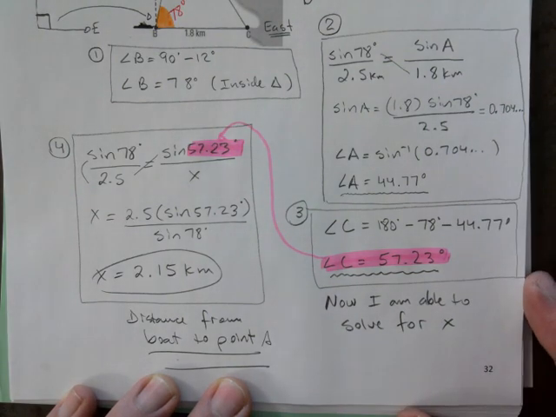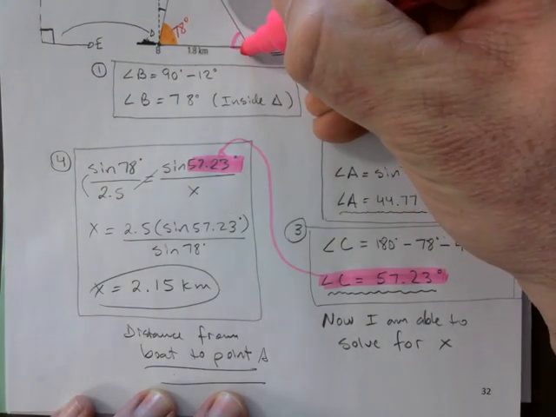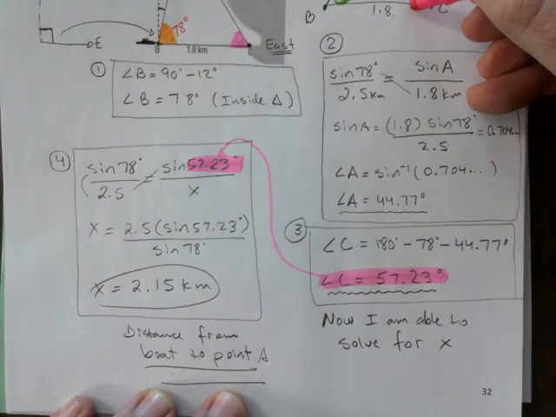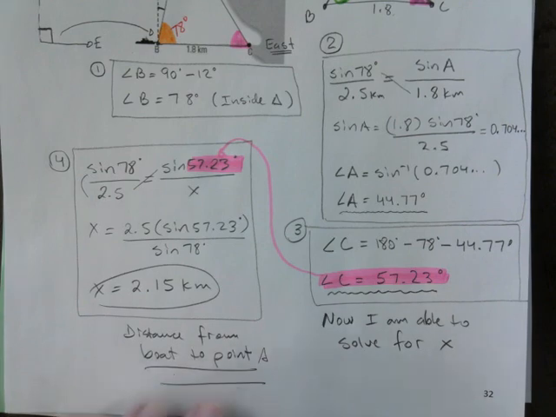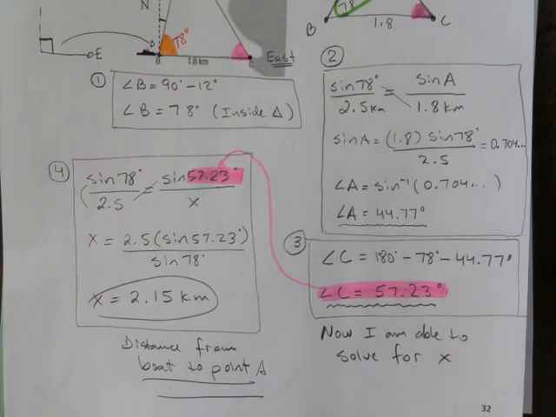And if you go even further back to your original, it's this one here, right? Sorry. So sine law, sine law, sine law. Could you have used cosine law at some point? You could have.